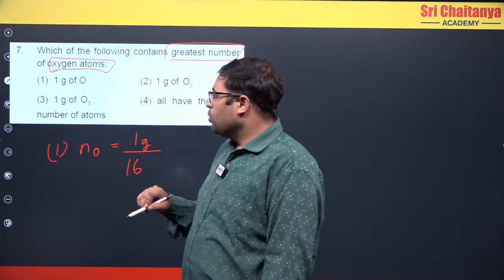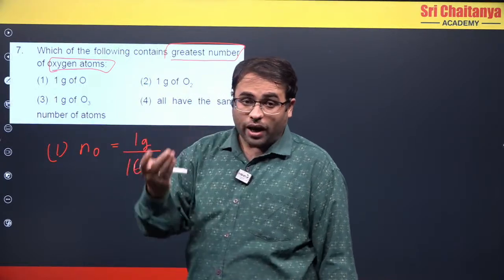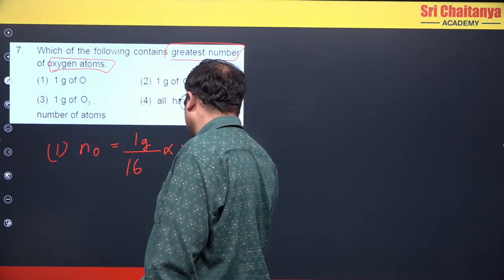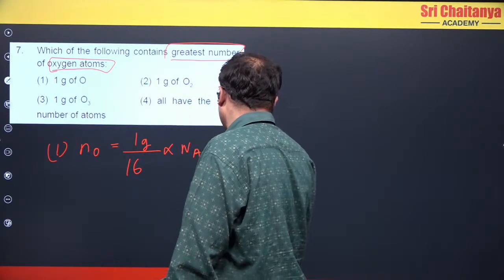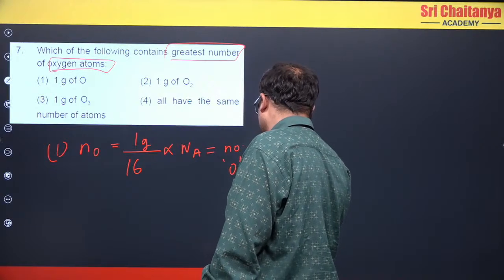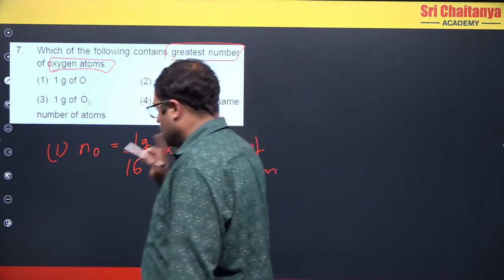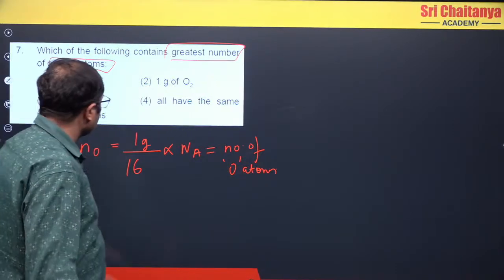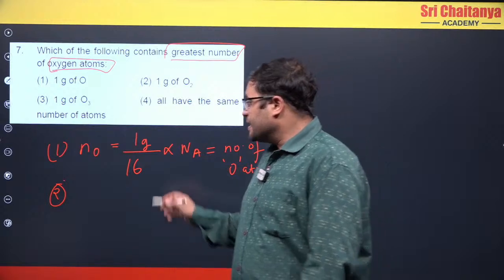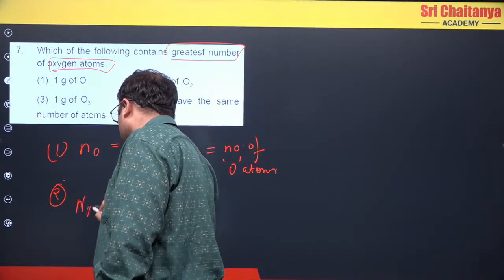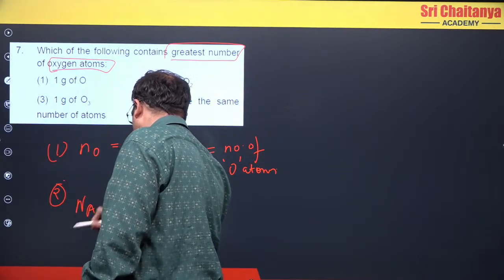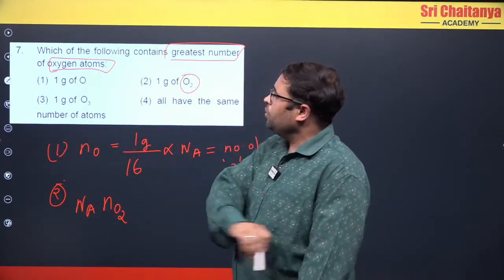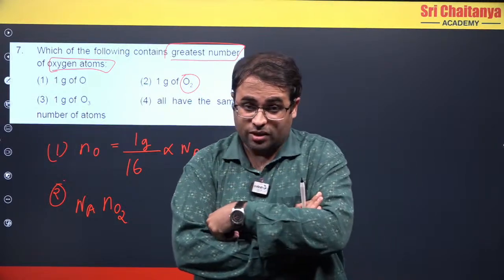Right. Now from this, if I want to go to the number of particles, just as we did, you have to multiply it by Na. Right, so this gives me the number of O atoms in the first case. Similarly, I can talk about the second case. But understand that each oxygen molecule has 2 oxygen atoms, right?